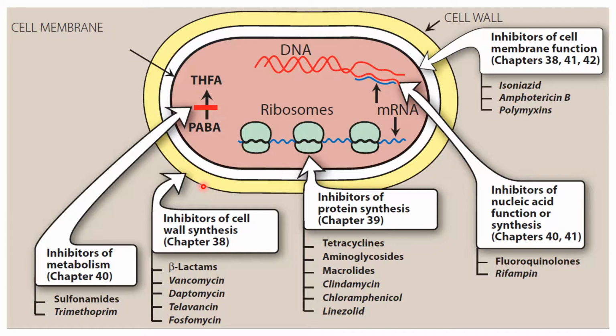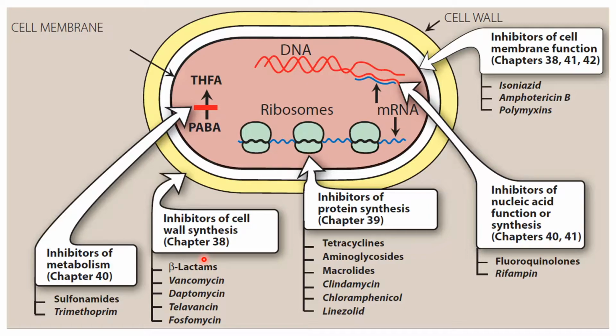The selectivity of the mechanism of action is based on the presence of the cell wall in the bacterial cells and the absence of the cell wall in the human cells. The plants also have the cell wall, so they will probably act on plants too, but usually you cannot inject the drug into the plant.